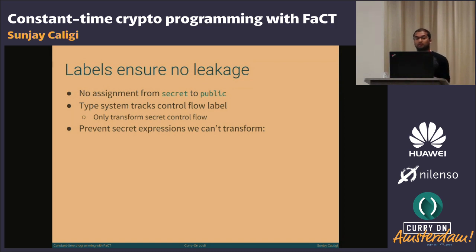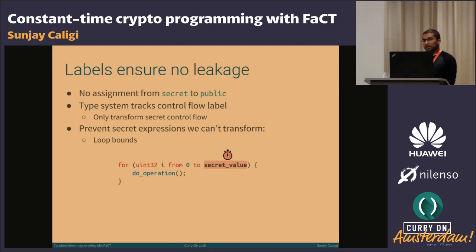And we also use labels to prevent expressions that don't have a simple, efficient transformation. So for example, loop bounds. If you're trying to write code that is bounded by some secret value, we don't have an easy way of transforming that because we don't know what the proper transformation would be.